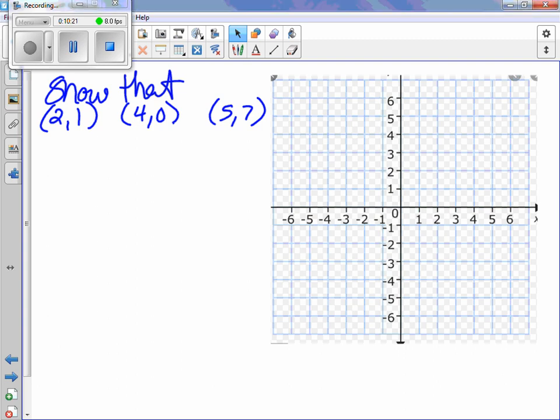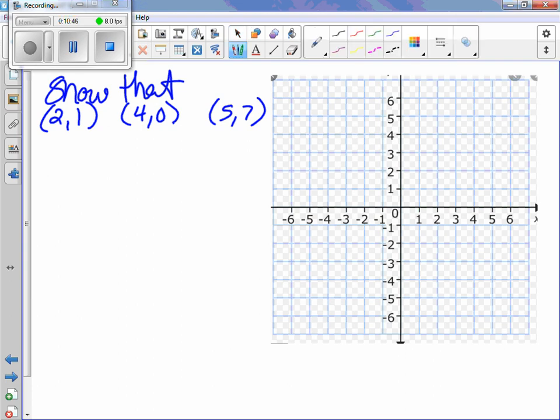Now, there's two ways we can go about doing this. One is graphing it, and graphing it's fine if we want to visually see it. But what do we know about a triangle given 3 points? All 3 of these points will connect, yes? And if it is a right triangle, then a squared plus b squared equals c squared, yes? So if I want to graph it, I can graph it. I don't have to, okay?